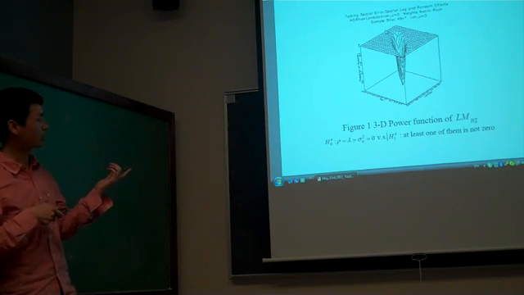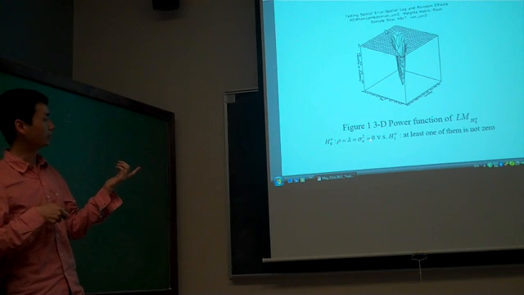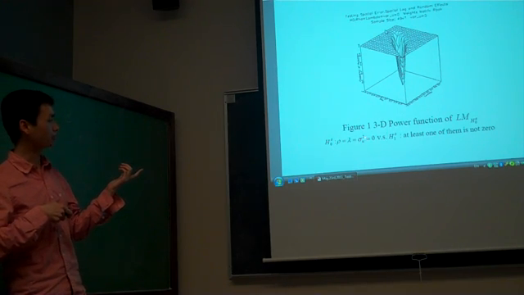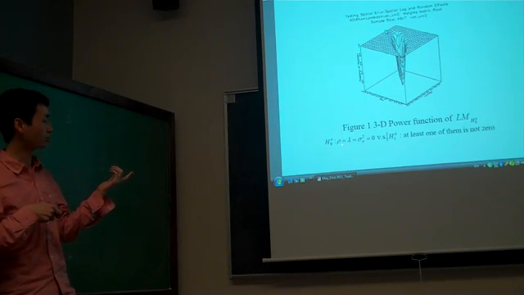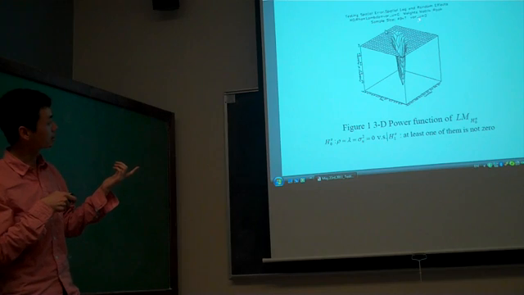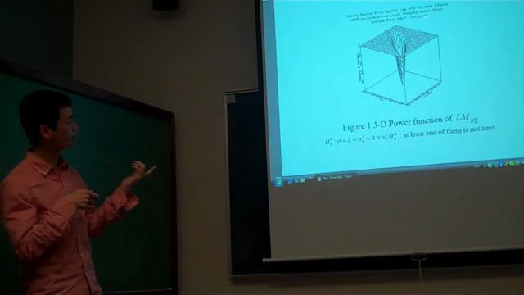So each time I can only plot the power function with one parameter fixed, with respect to these two parameters here. In this case, we can say sigma u squared is equal to 0.